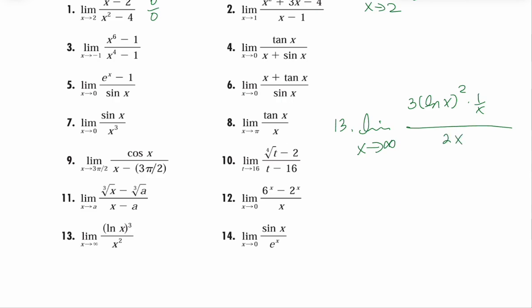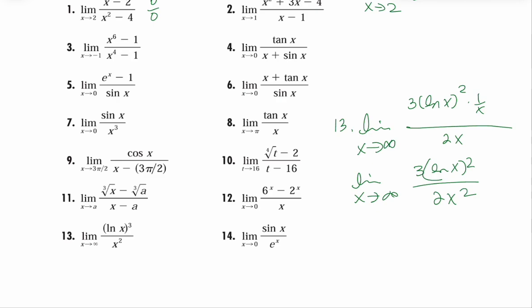Now let's rewrite that again. We still get infinity over infinity. Natural log of x is going to infinity, whether we square it or whatever. 2x squared going to infinity.